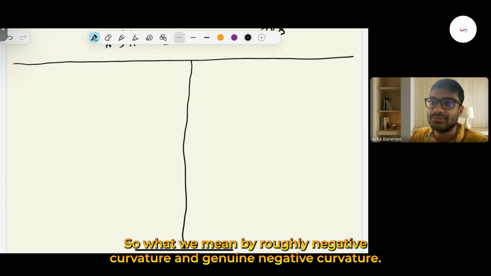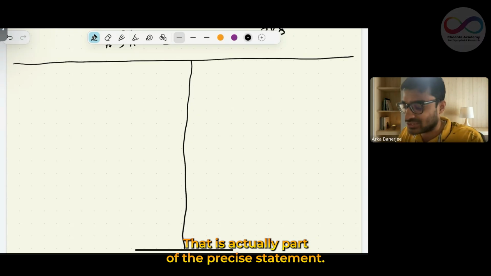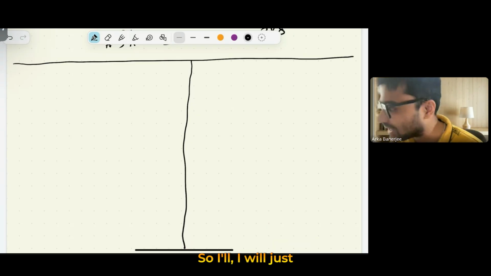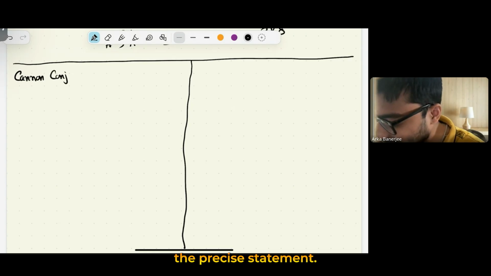What do we mean by roughly negative curvature and genuine negative curvature? That is actually part of the precise statement, so I'll just tell you the precise statement.